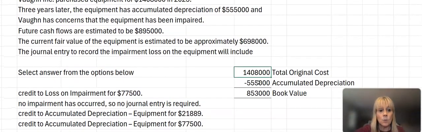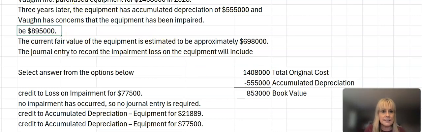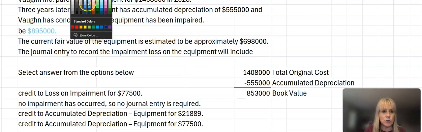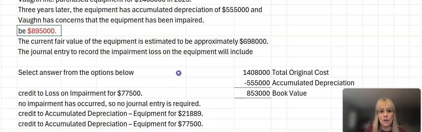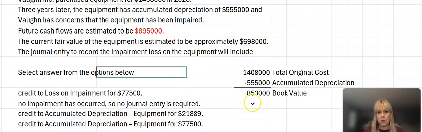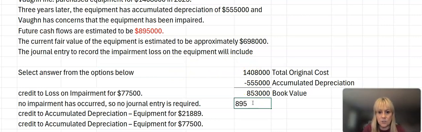Okay, so then what we want to do is compare this to our future estimated cash flows. So let's take a look at that. Our future estimated cash flows are $895,000. So let's compare that to our book value. And guess what?